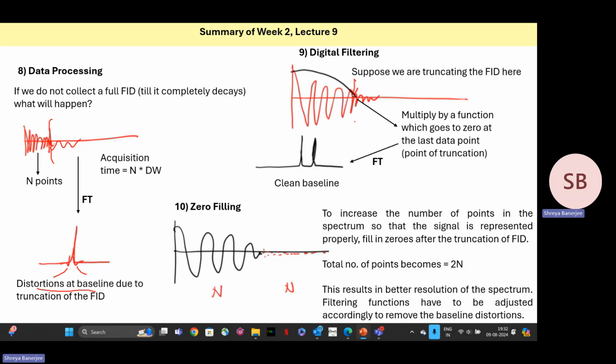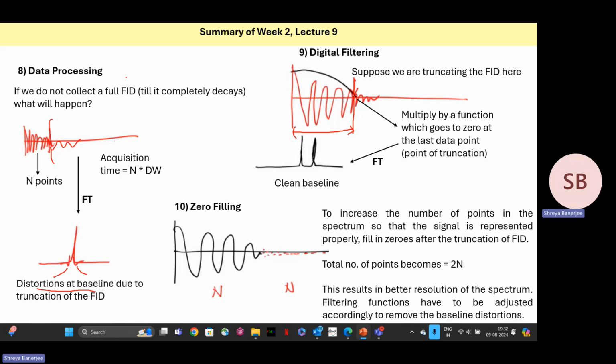So how to overcome this, how to clean the baseline. One way is obviously to increase the time for which we are collecting the FID. But suppose that is not available to us. Then what we do is, so this is the full FID shown in red. We are only collecting the FID up to here.